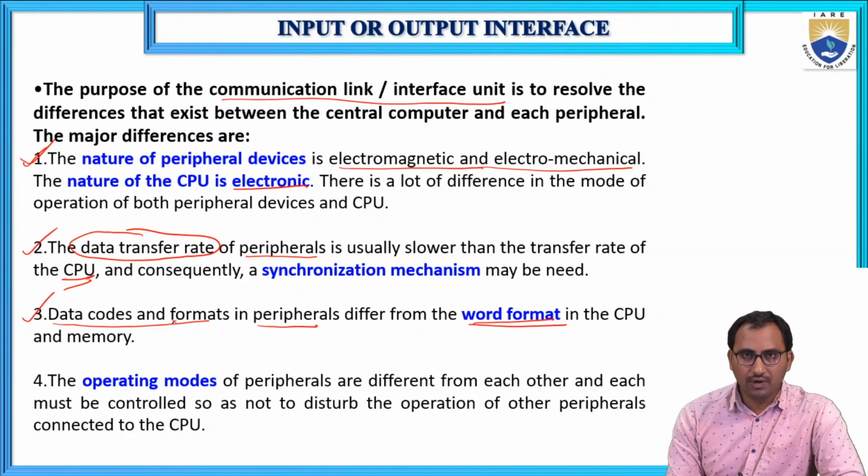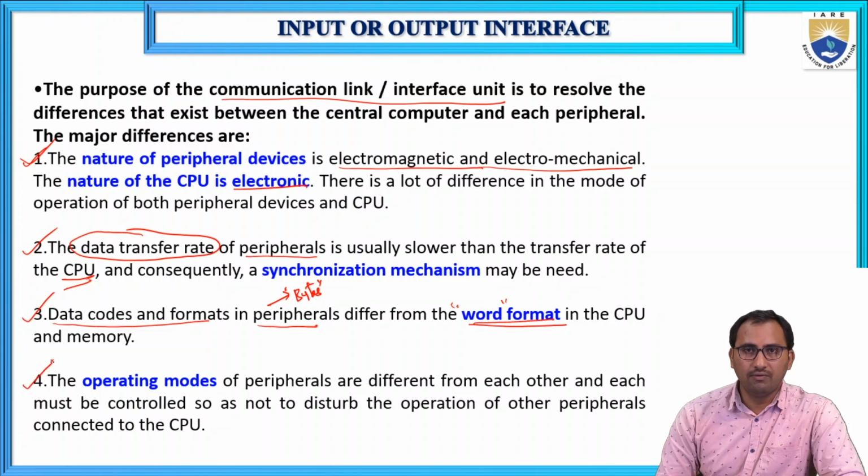The format for the peripherals is bytes, but for the CPU it will be words. So that is the difference. In order to match these formats, in between the CPU and the peripheral devices we use an interface circuit. That interfacing circuit will convert one form to the other form.